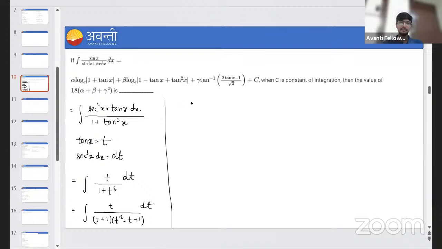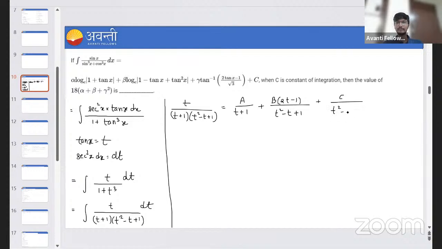So, I can write this as t upon t plus 1 into t square minus t plus 1 as a upon t plus 1, by using partial fractions, plus b into 2t minus 1 upon t square minus t plus 1, plus c upon t square minus t plus 1.